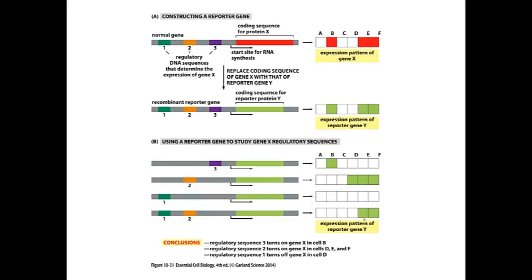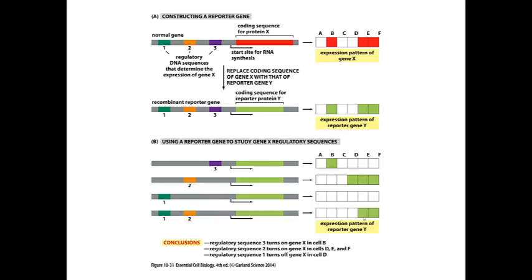But for stretches of DNA that are up to about 10,000 base pairs, PCR is now the technique of choice. It means that you don't have to create a library. A library is no longer the first step for cloning a stretch of DNA. I went over how PCR is done in a previous lecture, so I won't do it again now.